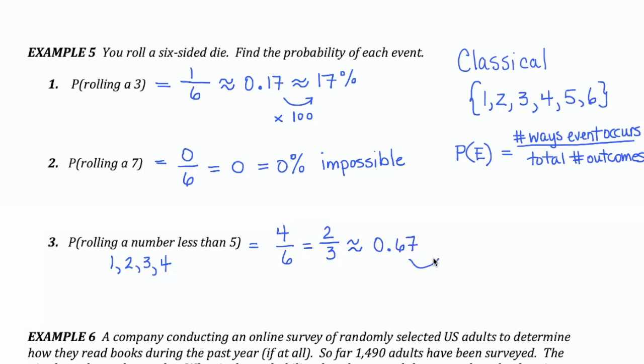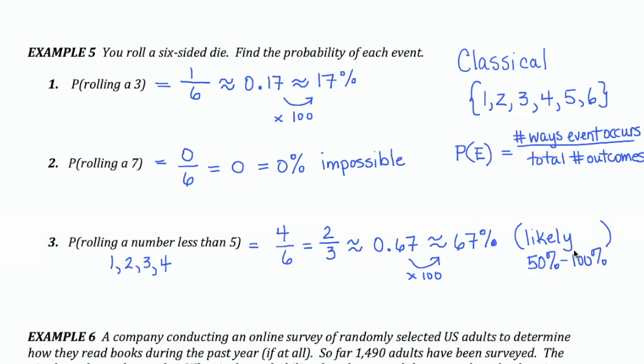And then again, just by multiplying that by 100, you get the percentage, which would be a 67% chance of happening. So because the percentage chance that this occurs is 67%, that puts it into the likely category because it's between 50% to 100%.